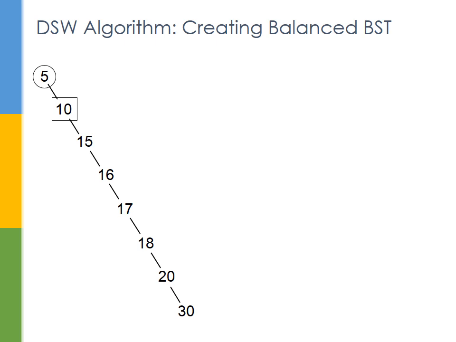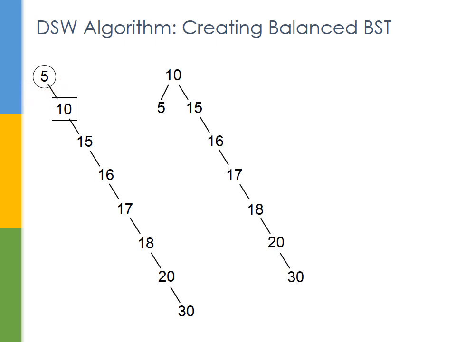So again, remember that we rotate every second node in the tree. So we are rotating 10, which is the second node in the tree, left about its parent, which is the root node in the tree.